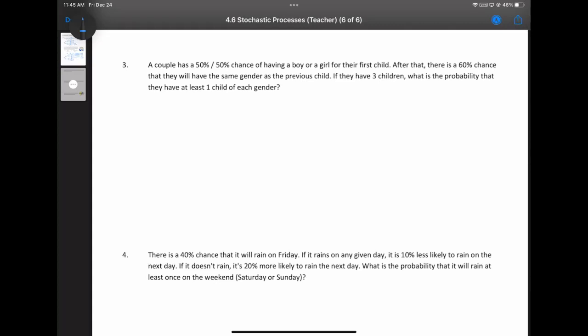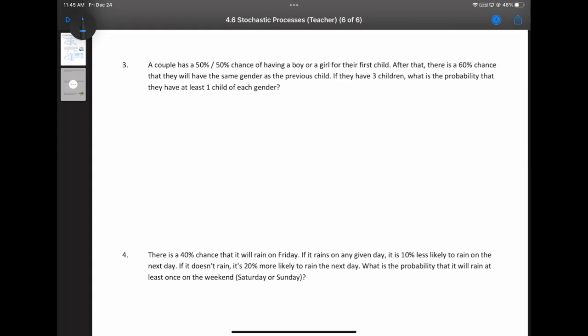I mean, we usually assume it's 50-50 for boy girl. That's not even technically correct. It's close, but it's not exact. And then the 60% chance is completely made up for this question. Please do not take this to your science class and tell them that Mr. Ray, your math teacher, told you that that was biologically correct. It is not. We just need math problems.